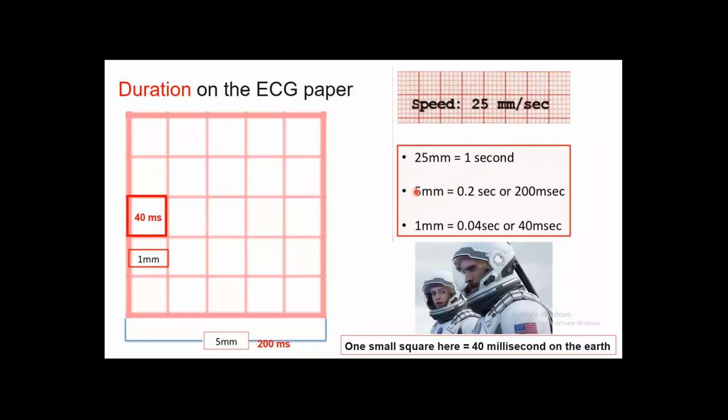So each 5 millimeters equals 200 milliseconds, and each 1 millimeter, which is one small square, equals 40 milliseconds. So each small square of the ECG paper has a duration of 40 milliseconds, and each large square, which contains 5 small squares, will be 5 multiplied by 40, which is 200 milliseconds.